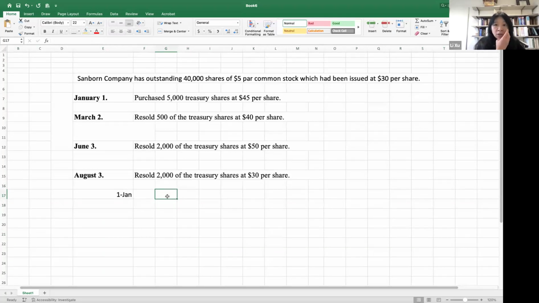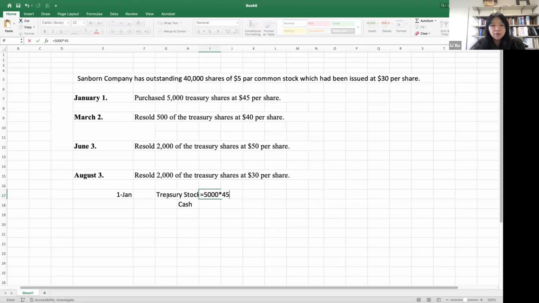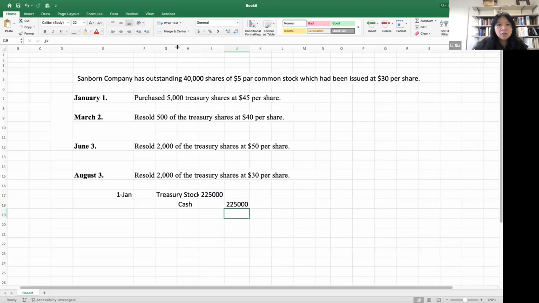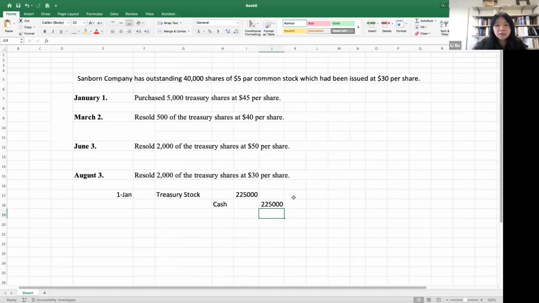What should we book as the journal entry? We're just going to debit treasury stocks and credit cash. It's fairly straightforward. That's how much you pay for the treasury stocks, 5,000 shares at $45 per share. So that's the journal entry: debit treasury stocks and credit cash.